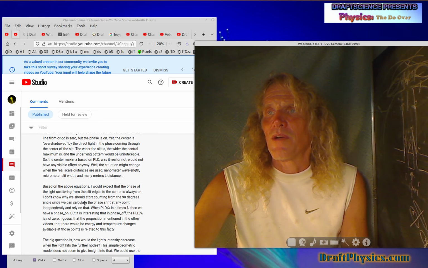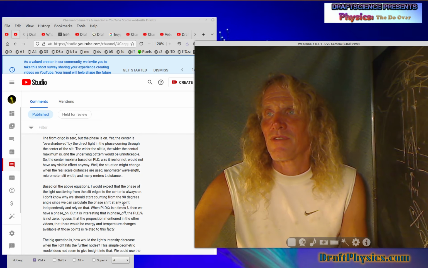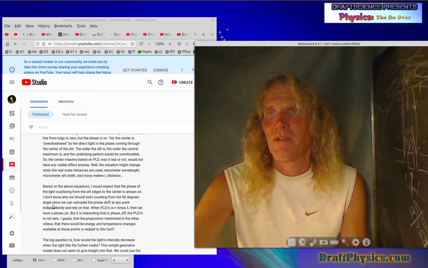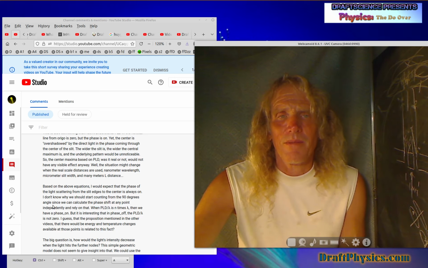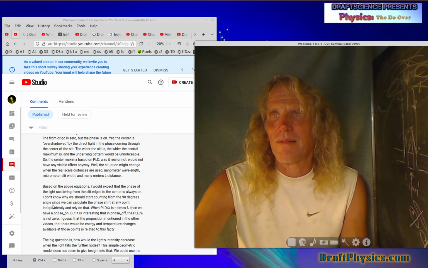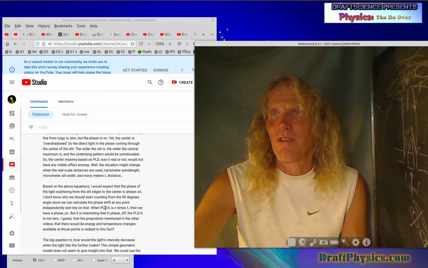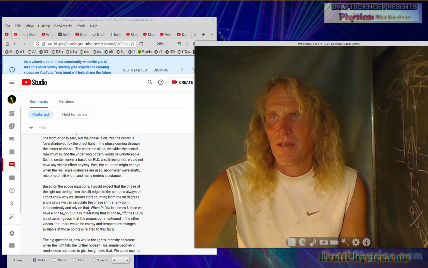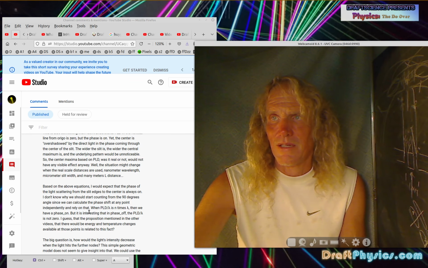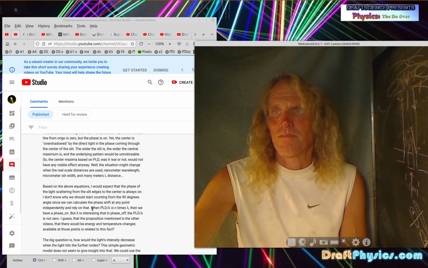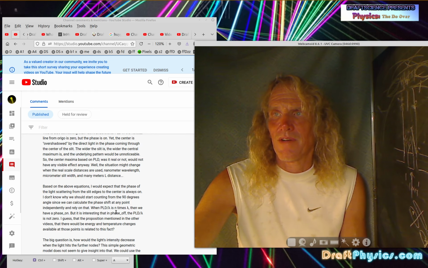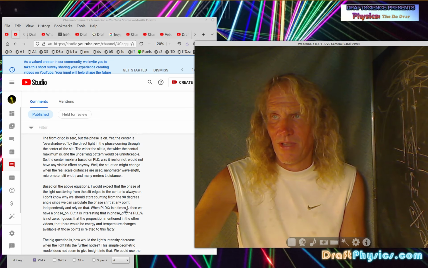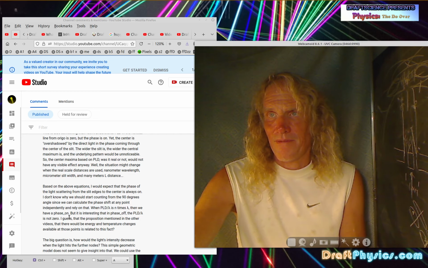I know why we should start counting from the 9-degree angle. Well, you complained about it before, now you say you know why. Since we can calculate the phase shift at any point independently and rely on that. Yeah, so why did you write all this crap? When PLD divided by lambda is n times lambda, then we have a phase on.